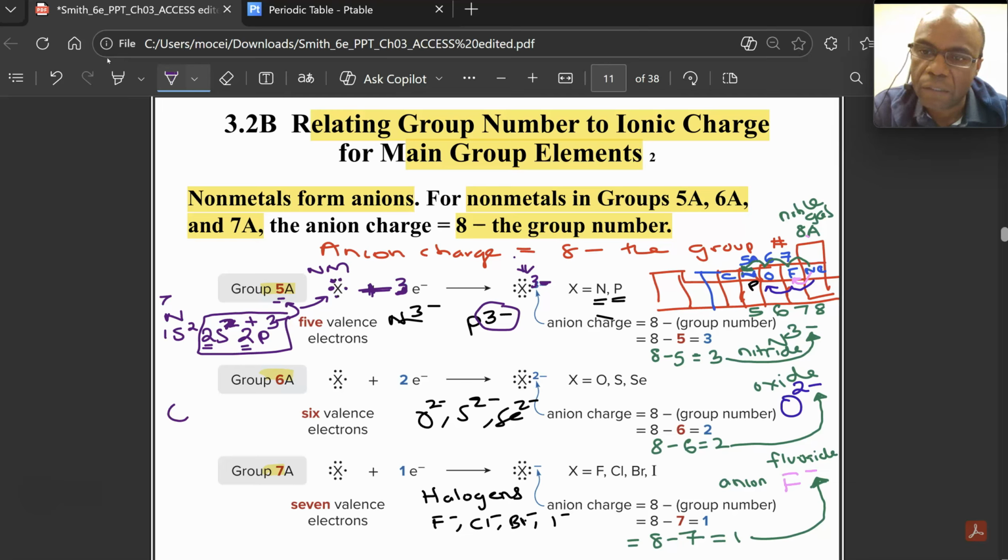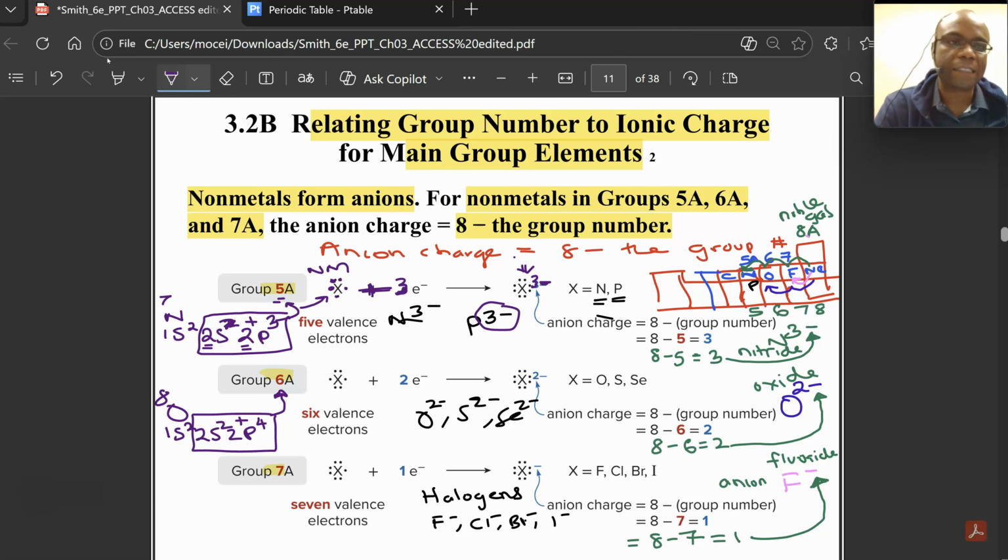Oxygen has atomic number 8. So 8 electrons, 1s2, 2s2, 2p4. This second shell is not filled with 8 electrons. We have 6 valence electrons, so it's found in main group 6. Would you rather lose the 6 electrons and entirely scrap off the second shell, or gain just 2?